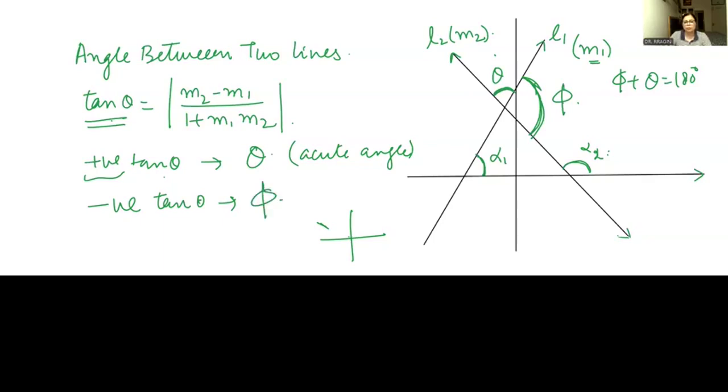So we have to solve both values for this modulus, once for the positive value, once for the negative value. For the positive value, the angle between the two lines will be acute, and for the negative value, the angle between the two lines will be obtuse, right?